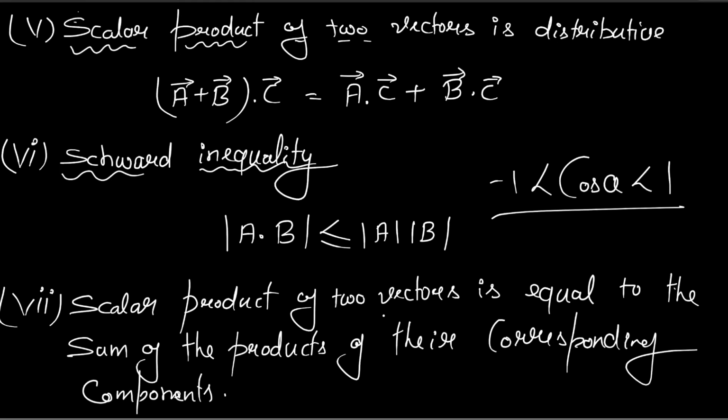The scalar product of the two vectors is equal to the sum of the product of their corresponding components. What it means, I have already represented. Let me take one another example also.